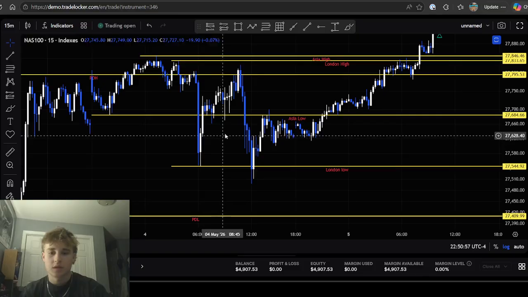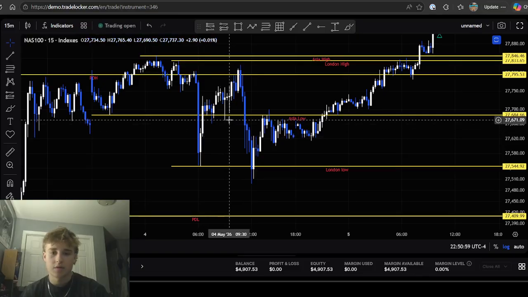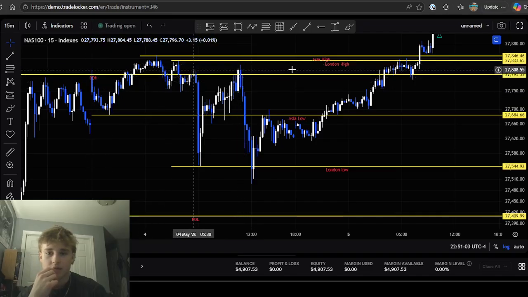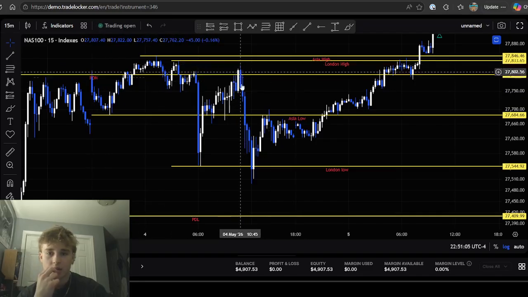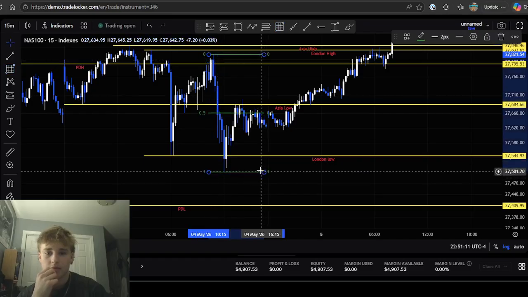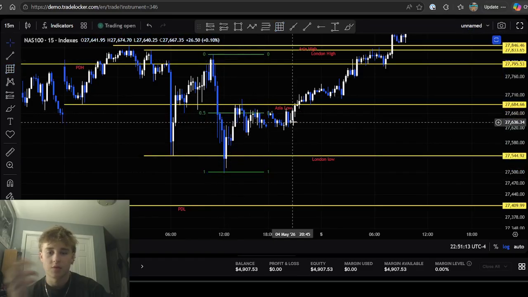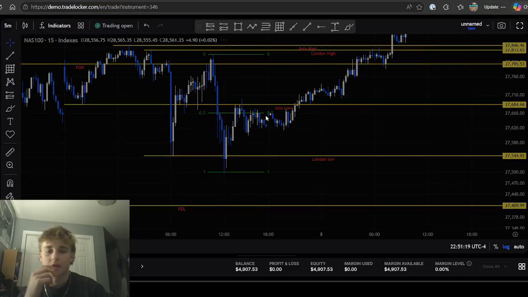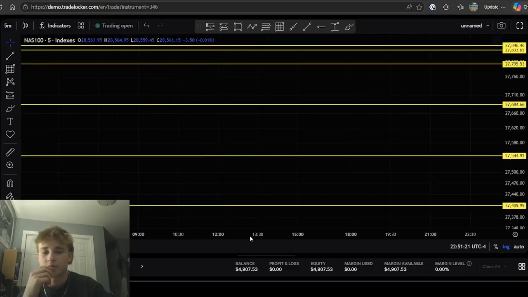Market opens around 9:30 right here, this candle. We come up high, sweep this previous day high, then we create a new range. In this new range, I'll look for my equilibrium to get filled. It comes up into my equilibrium. That's perfect, that's beautiful. So in this case, we would scroll down to a lower time frame, like a 5-minute, for example.